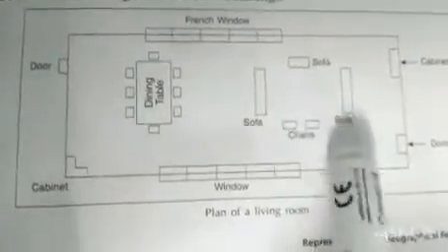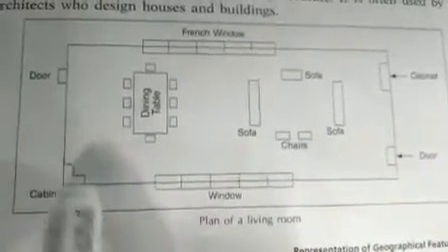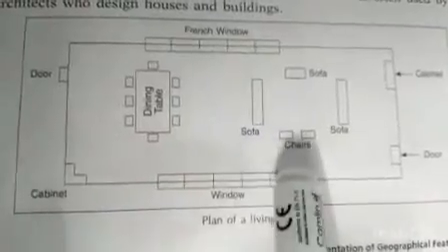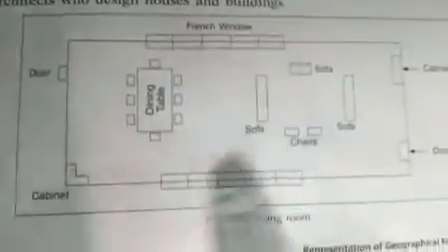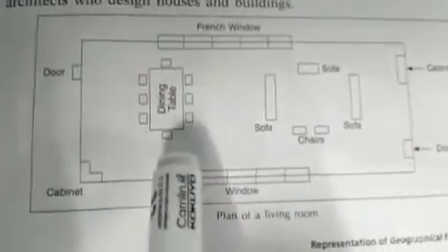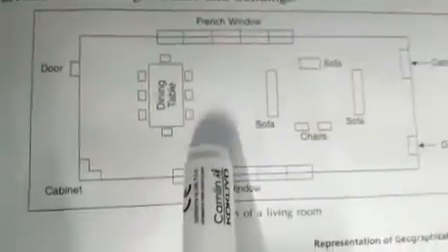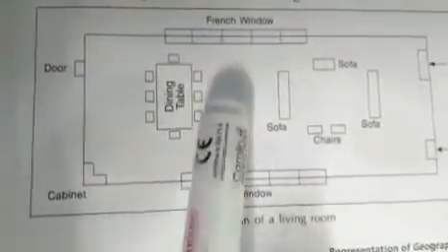Sofa, chairs, cabinet is here, door, another cabinet is here, door is here, window, dining table, French window. Large amount of details of a small area, and this is called what? Plan.